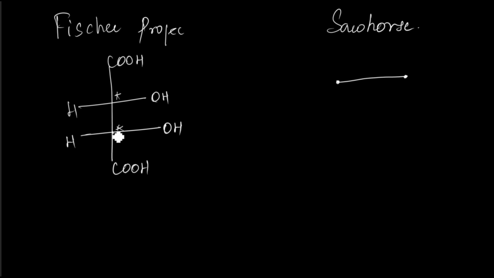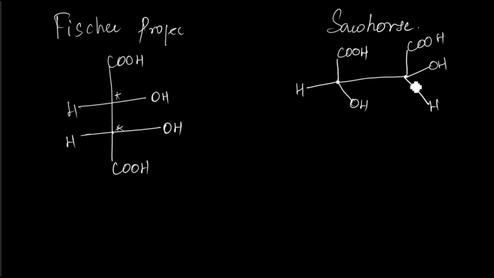Here I'm writing COOH, H, OH. Then on the other side I have COOH, changing the position to OH, H, because you are seeing from this side. So this carbon is the projection from one side, and this carbon is the projection from the other side.